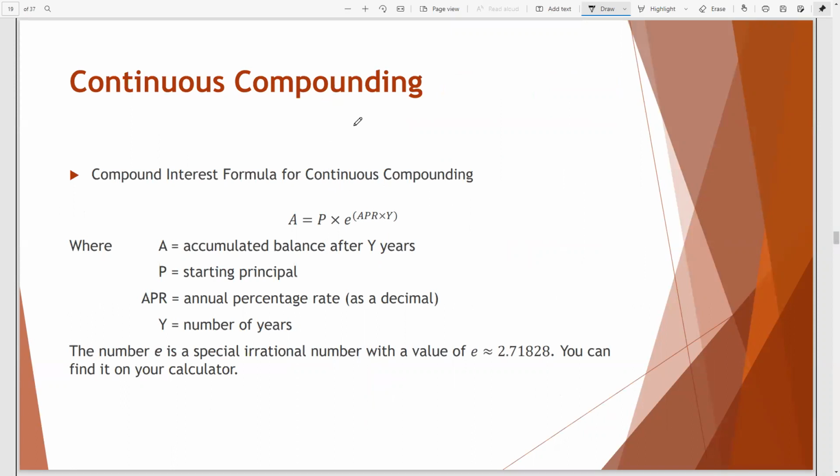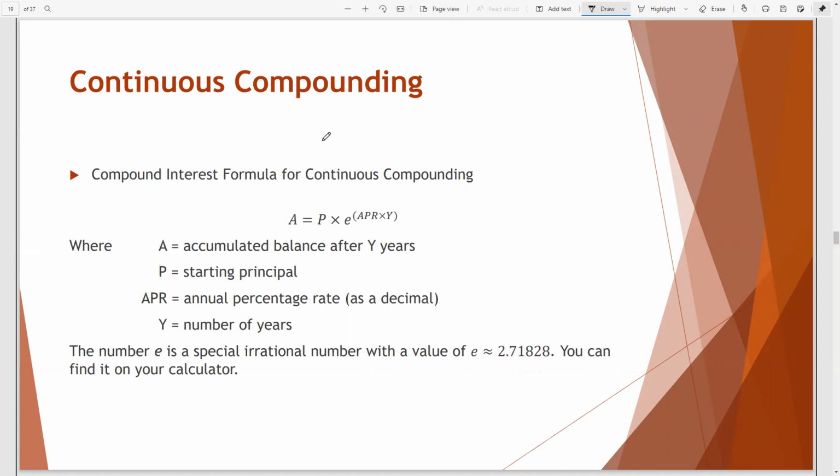Next is about continuous compounding, which is the compound interest formula for the continuous case. That is the limit of the maximum compounding you can take, like every second or every moment you put your money in a bank, it makes a compound payment.